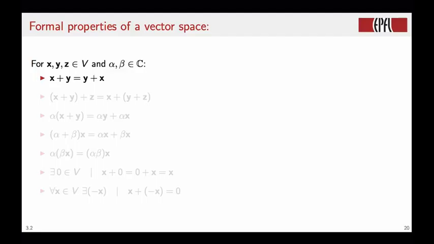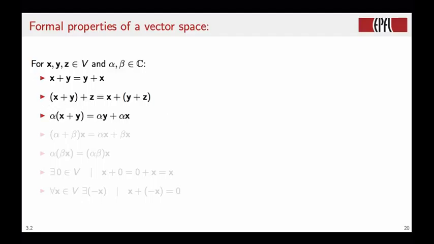The formal properties of a vector space. I apologize in advance, this is a little bit dry. It's a laundry list of properties. So the first one is that vector addition is symmetric or commutative. The second one is that addition is associative, that we can add in any order here and it will give the same result.